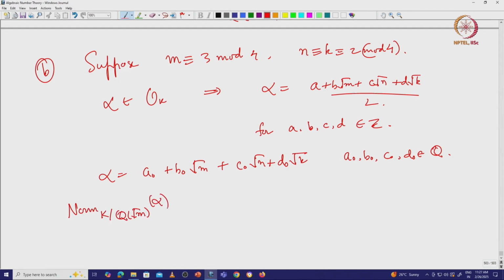So, this is an automorphism that fixes square root of m, but takes square root of n to minus square root of n and square root of k to minus square root of k.